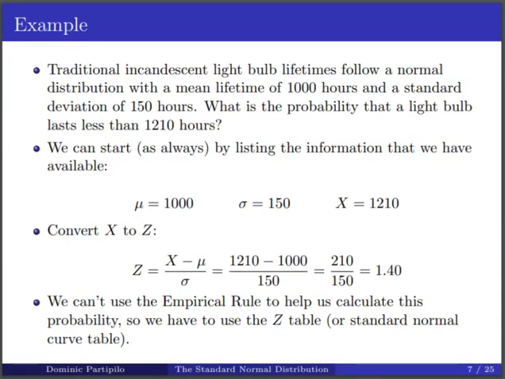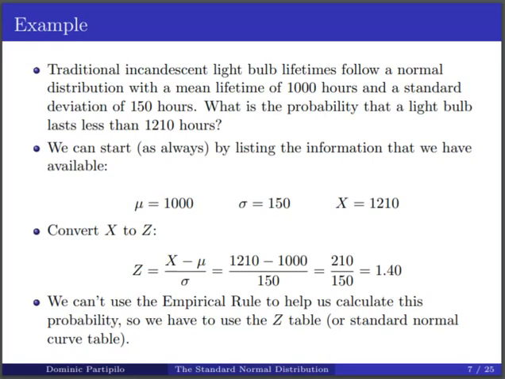Traditional light bulb lifetimes follow a normal distribution with a mean of 1,000 hours and a standard deviation of 150 hours. What's the probability that a light bulb lasts less than 1,210 hours? First of all, I always recommend listing out the information given to us so that if we need to use it in a formula somewhere, we have it handy.